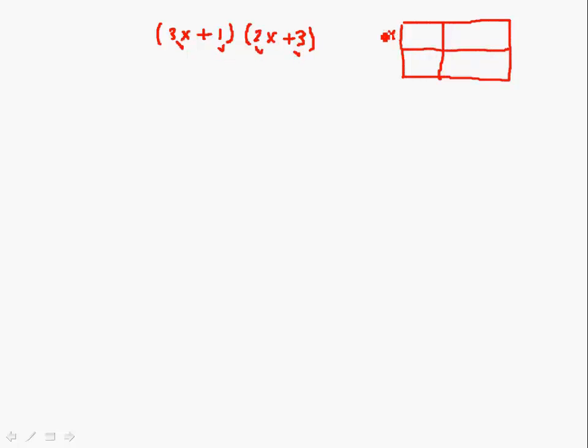This will be 3x plus 1, and this length will be 2x plus 3. So this multiplication will be the sum of the area of region 1 plus area of region 2 plus area of region 3 plus area of region 4.